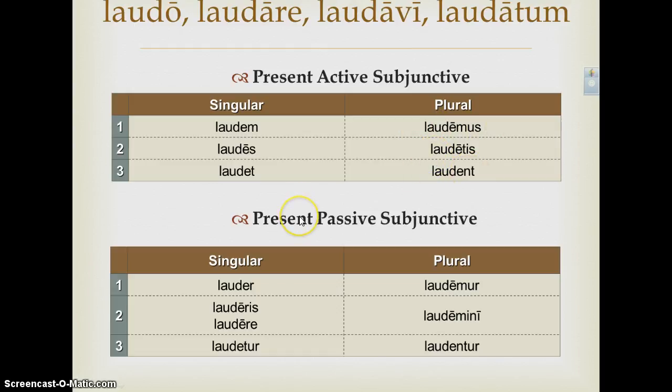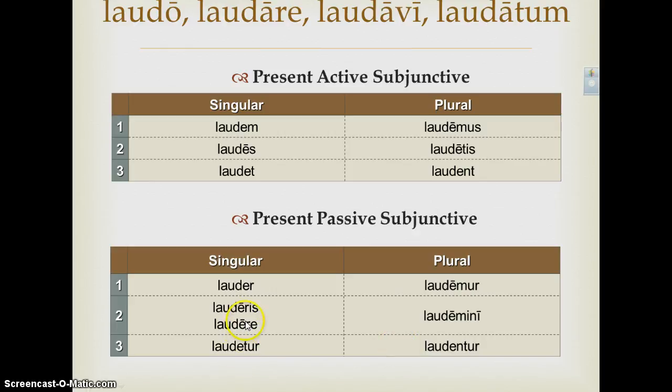The present passive, again, you have that E showing you that you're in the present subjunctive, and then you have the passive personal endings: r, ris, tur, mur, mini, ntur.